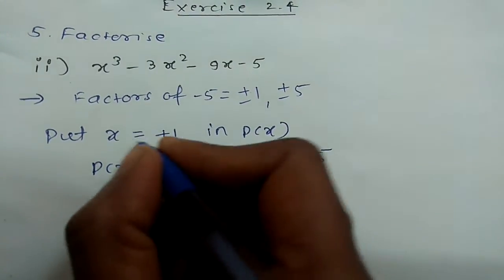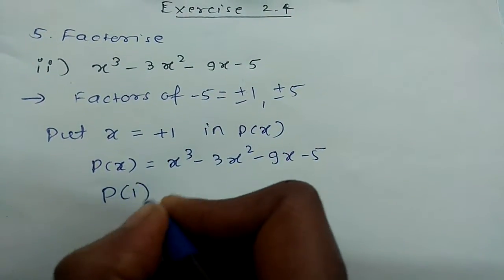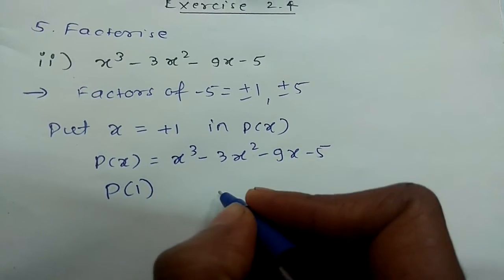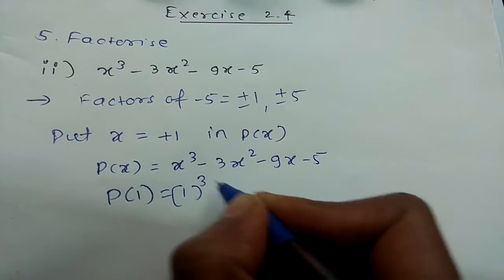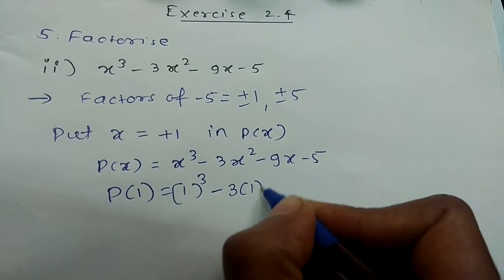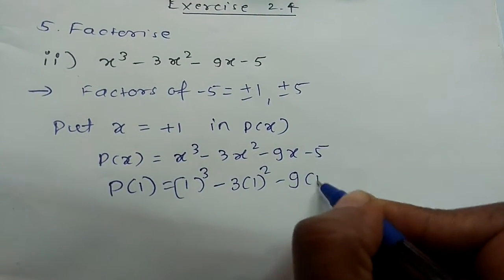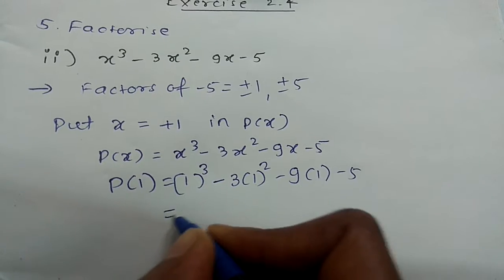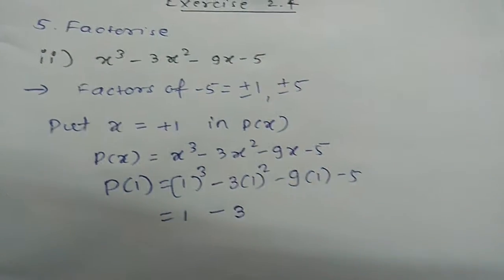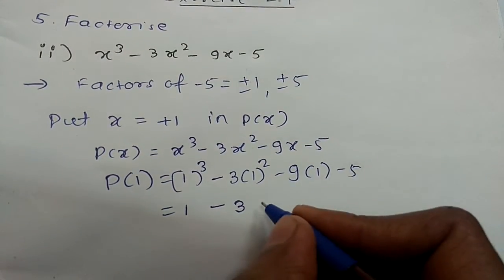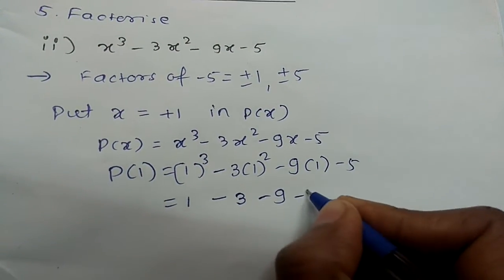If you put here the value of x, that is plus 1, wherever there is x, and the answer is 0, it means this is a factor. So let us find this. 1 cube minus 3 into 1 square minus 9 into x, which is 1, minus 5. 1 cube is 1, minus 1 square is 1, 1 threes are 3. Next, minus 9, and here minus 5.